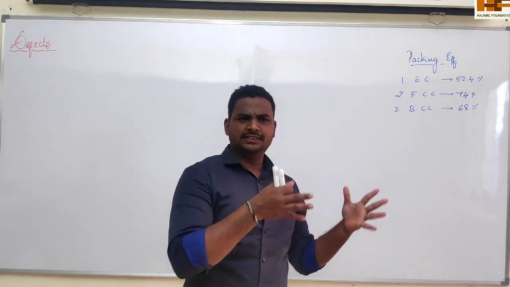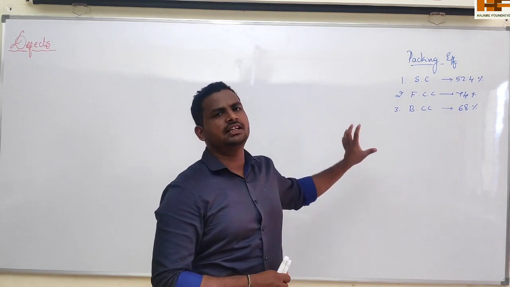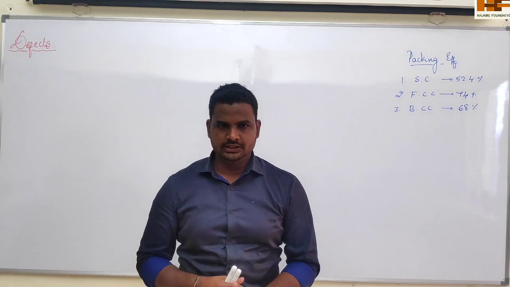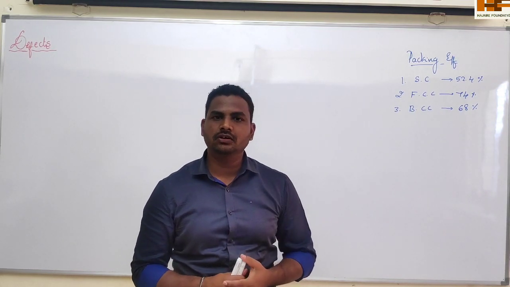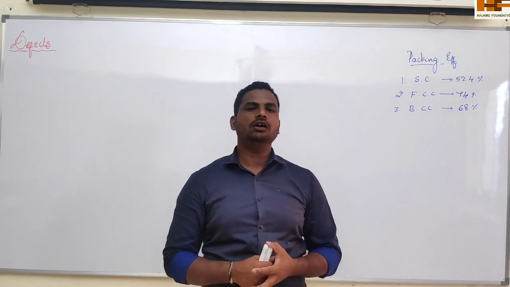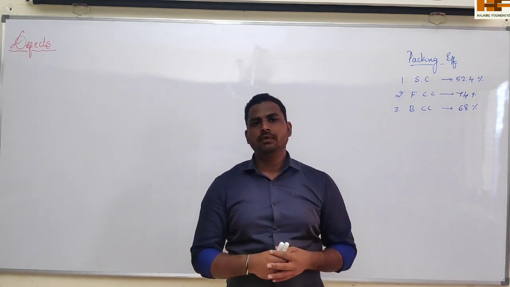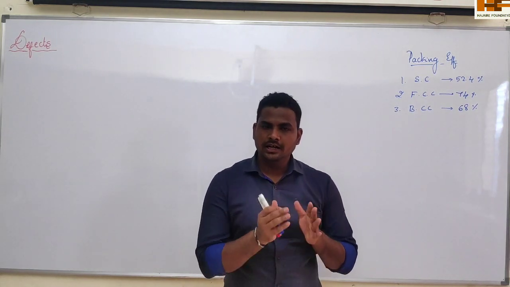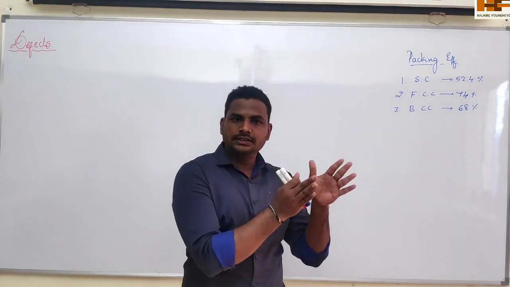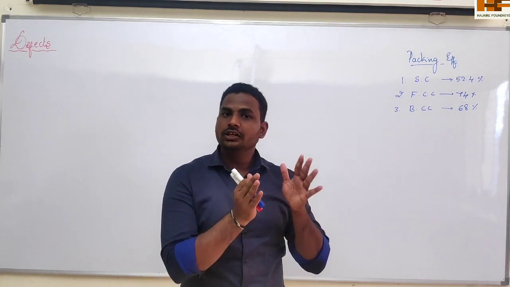In the previous classes we studied crystalline solids. There is a regular arrangement of the constituent particles, which we call a crystalline solid, right? The constituent particles are present at the corners or the faces in the unit cell.